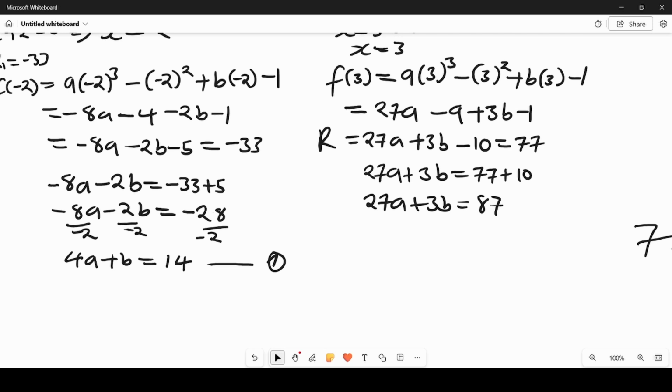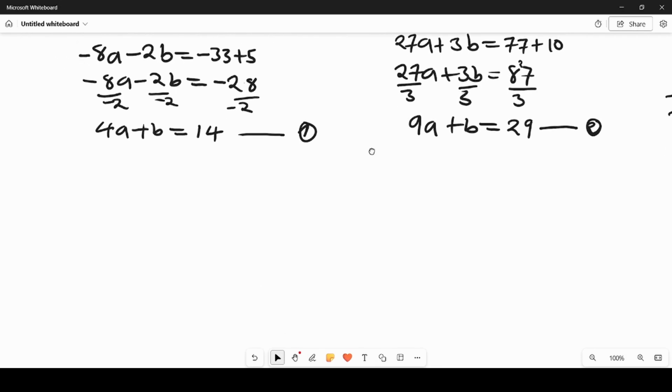If we divide through by 3, 3 into 27 and into 87, we get 9a plus b equal to 29. So name this as your equation number 2 and then solve them simultaneously using any method of your choice.